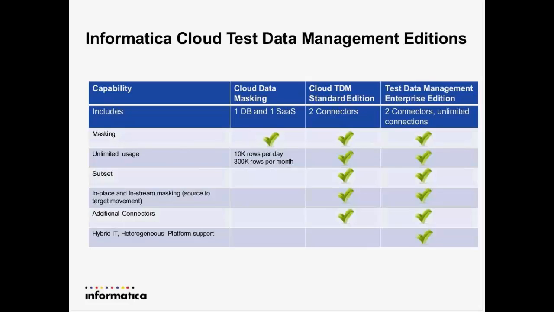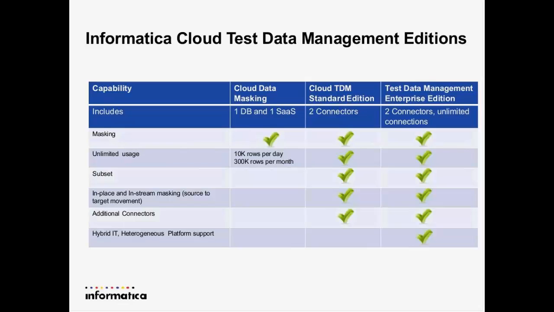If you were to go to the Informatica Cloud landing page and go to the products, you would see under test data management, data masking. What we provide from an editions perspective is cloud data masking. We do offer a free or freemium version of this product, and what that allows you to do is mask only, no subset, up to 10,000 rows per day.